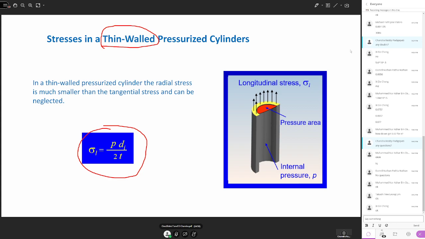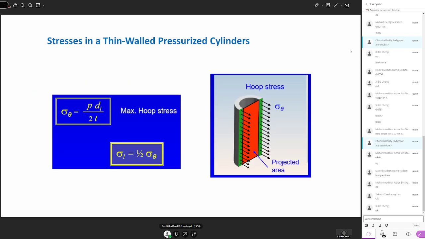You can have the stress in the longitudinal direction, and also the stress along the hoop. The longitudinal stress can be given as PD over 4T, which we did last term, and the hoop stress can be given as PD over 2T.